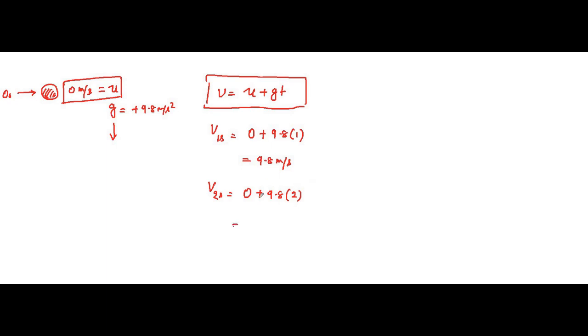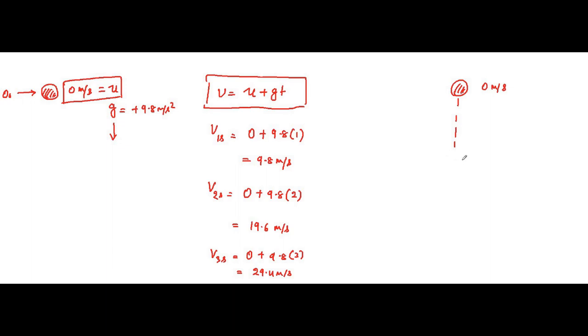So after 2 seconds it will be 19.6 meters per second. Then after 3 seconds it is 0 plus 9.8 into 3, which is 29.4 meters per second. So again, if you see the downward journey, this is the point where the velocity was 0 meters per second.